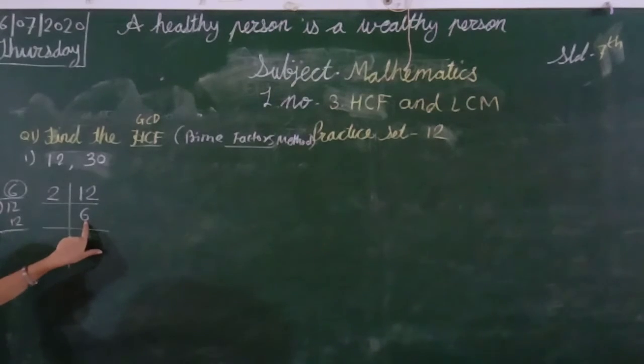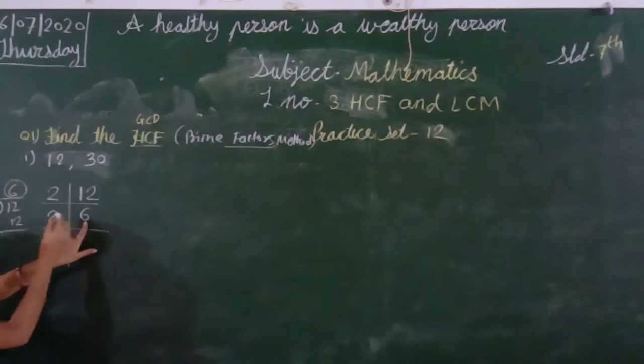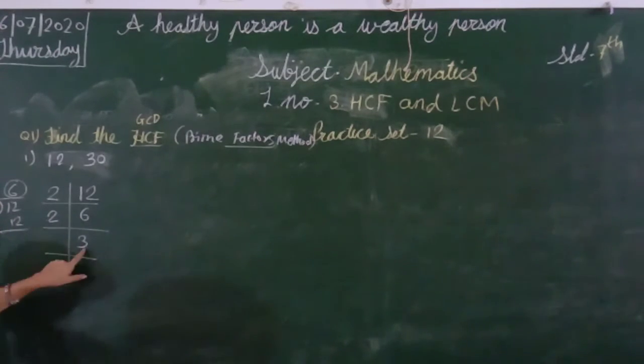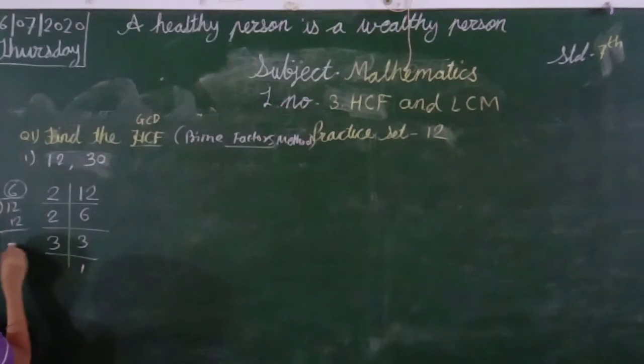Does 6 come in the table of 2? Yes, 2 threes are 6. Now 3 comes in which table? Table 3, so 3 ones are 3.